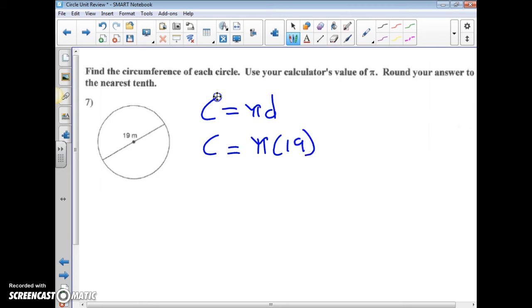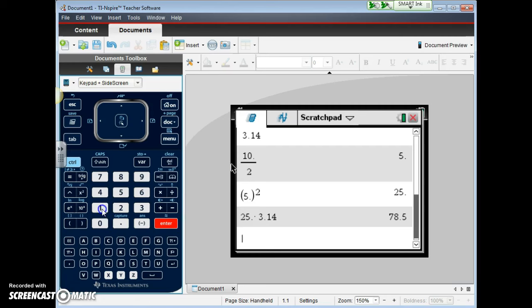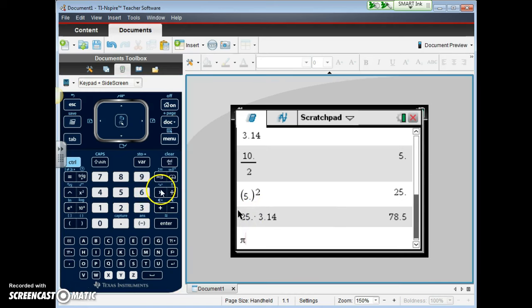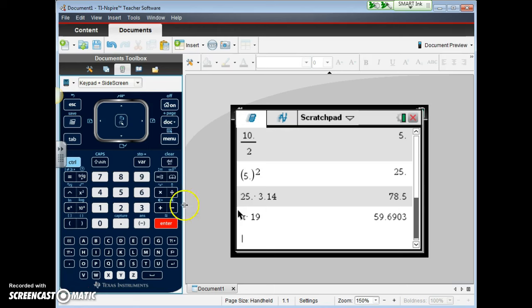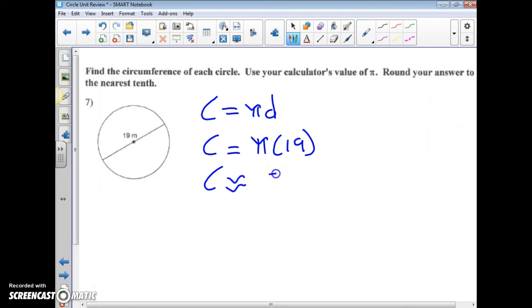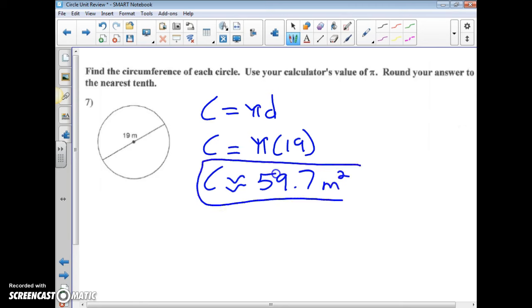If I do that on my calculator and round off to the nearest tenth, again using my pi symbol, pi times 19, I get about 59.7 square meters.